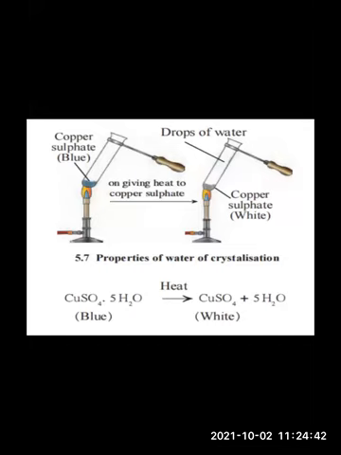Similarly, if you take sulfur trioxide plus sodium hydroxide, SO3 plus NaOH, what are you getting? Na2SO4 plus H2O. In this way, the reactants are oxides of non-metal and base. When they react, what do they form? Salt and water. So that is about some of the reactions.